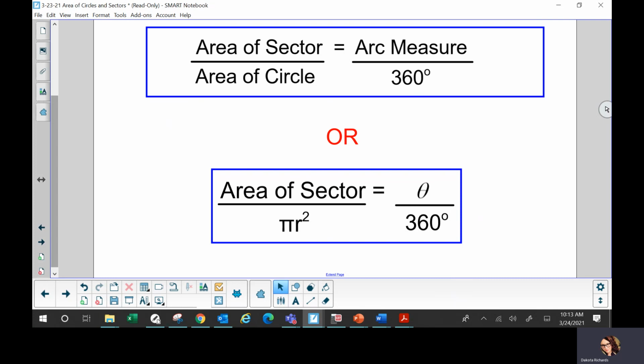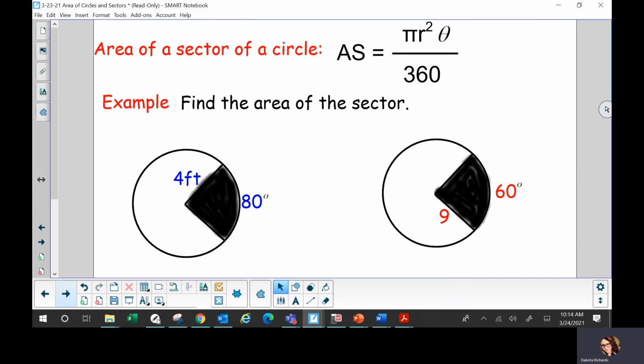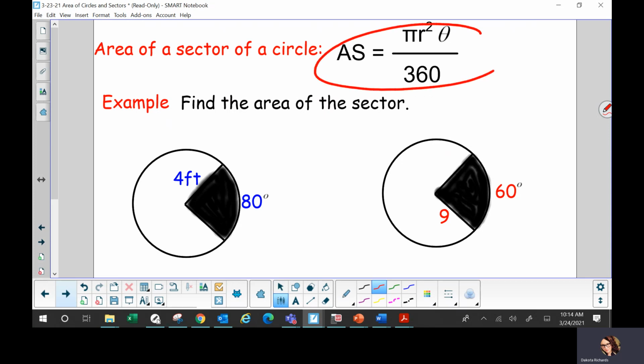And again, you're going to end up cross multiplying to get your answer. Okay. So let's try one. On your notes, this is another way to find the area of a sector, but I prefer the cross multiplying because you're used to it from arc length.